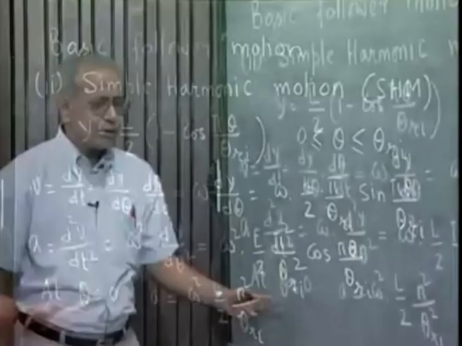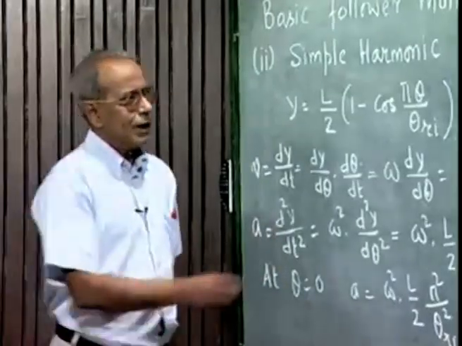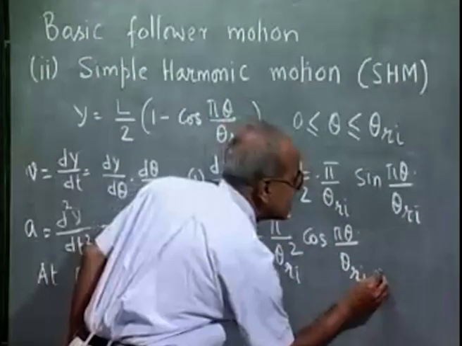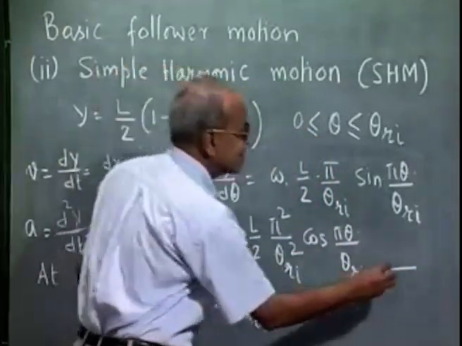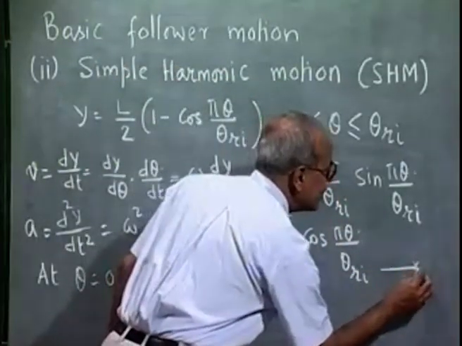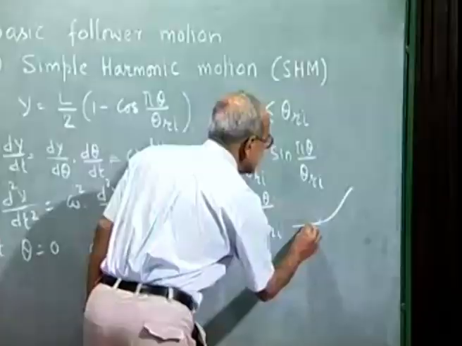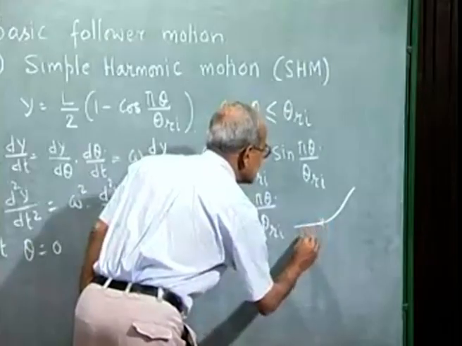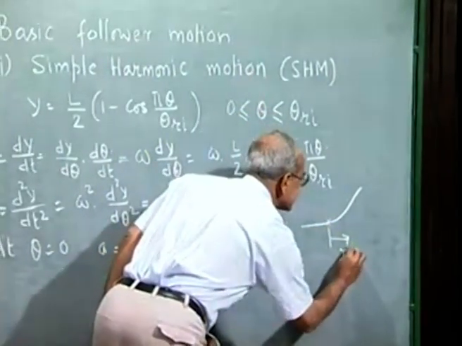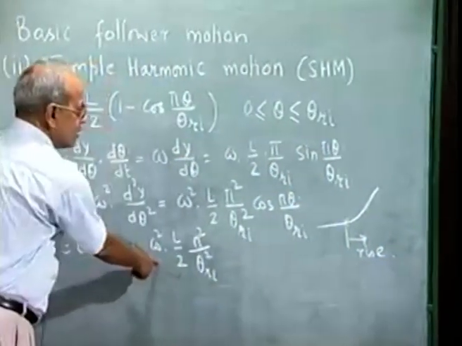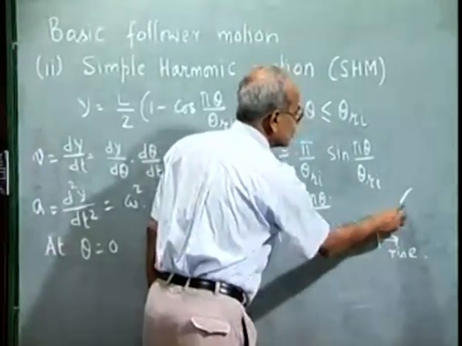So, it starts with an acceleration at theta equal to 0. Here every derivative is 0, acceleration is 0 during this dwell period, but as the rise starts with a value of the acceleration, the third derivative goes to infinity.